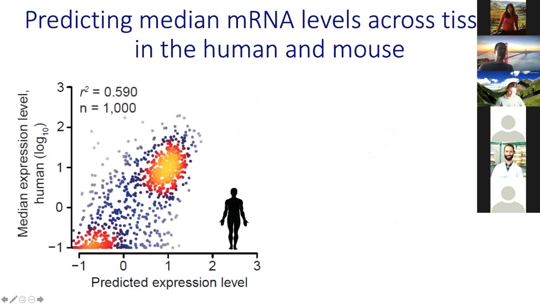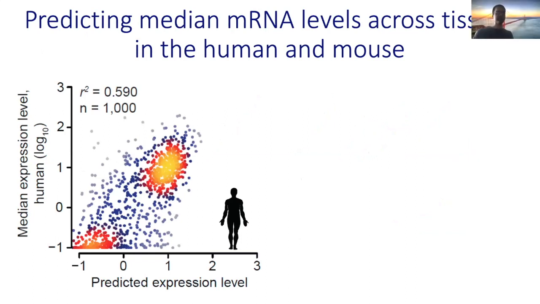So how does this model perform? I looked at a set of 1,000 genes in my test set that had never been seen before by my method. On the x-axis, I'm plotting the predicted expression level from the neural network. And on the y-axis, I'm plotting the median expression level in a number of different cell types in human cells.